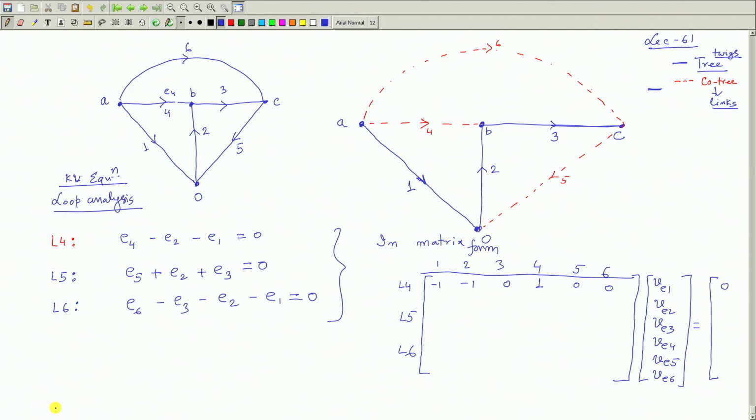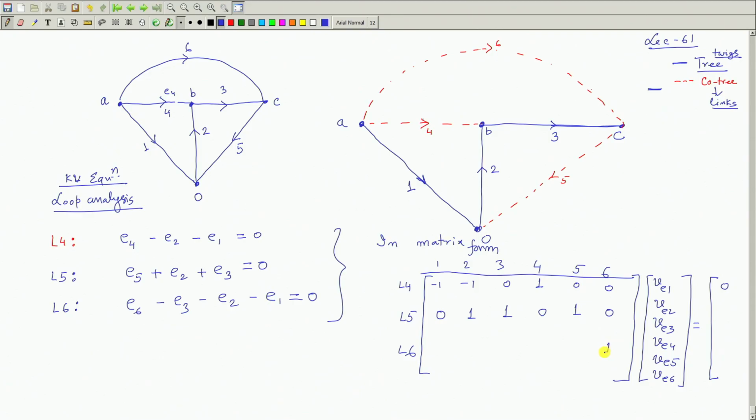In loop number 5, it will be 2, 3 and 5 involved. So, 2, 3 and 5, all other entries are 0. And in loop number 6, this is loop number 6, mind you, E6 is present.